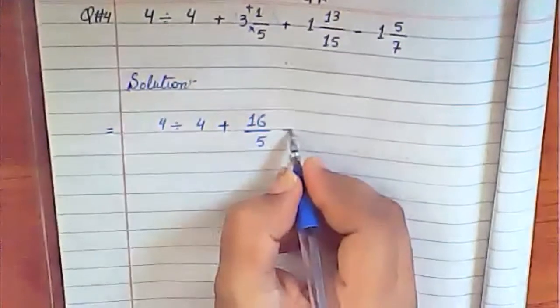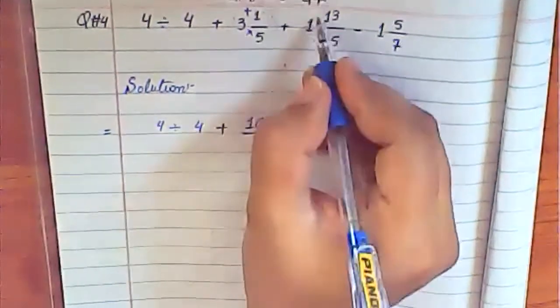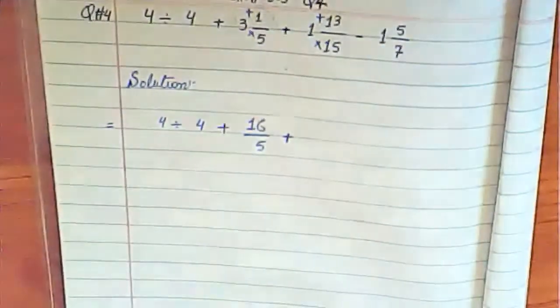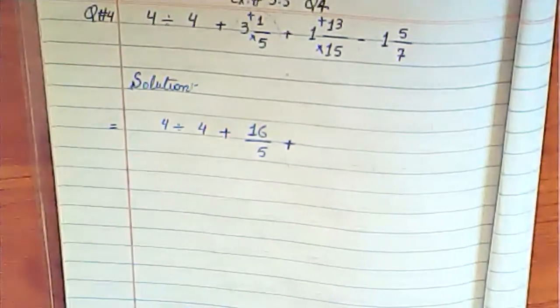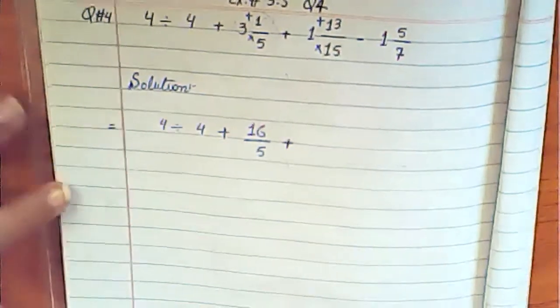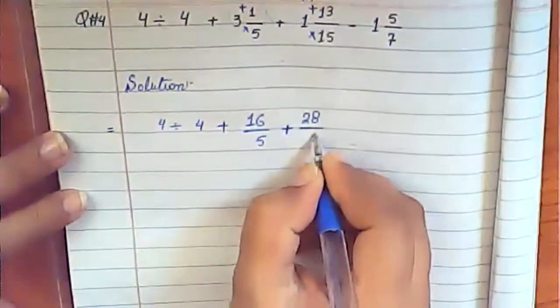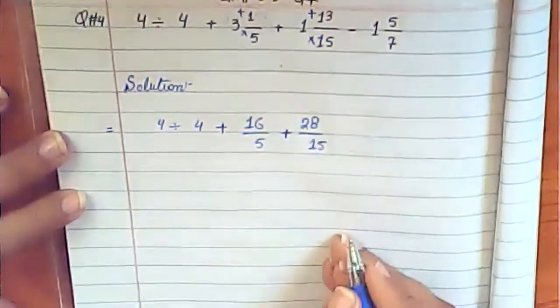Then plus sign, 15 multiplied by 1 is 15 and 15 plus 13, what will it be? Answer will be 28 upon 15.